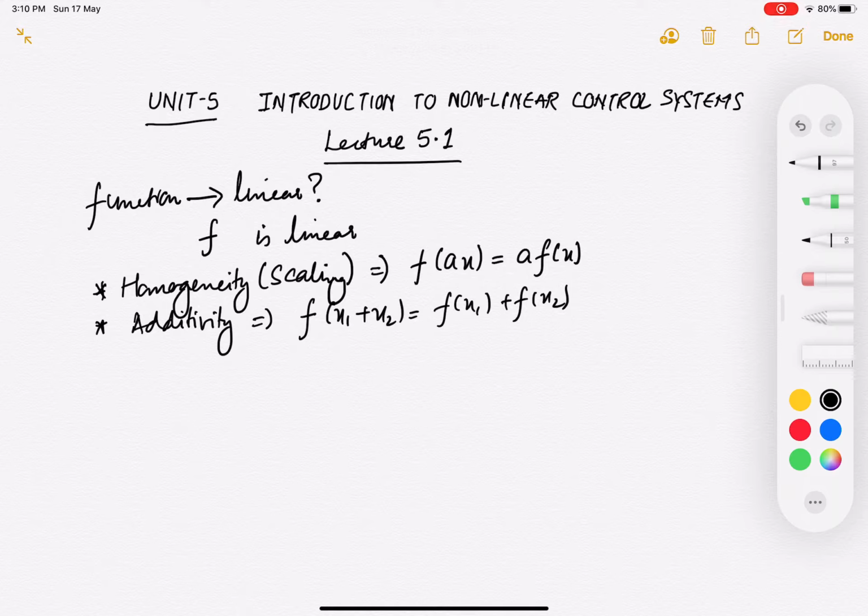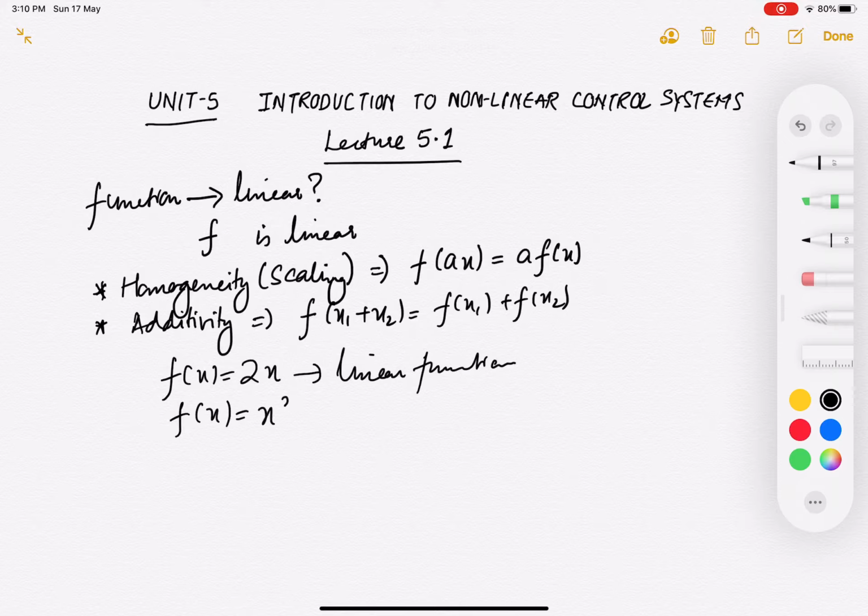Now, from this, it is very easy to see that functions like f of x equals 2x would be linear functions of x, and functions like f of x equals, say, x squared would not be linear functions.